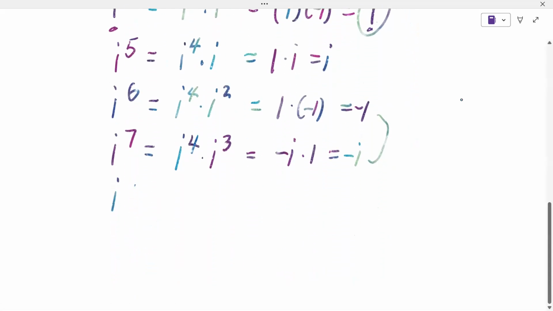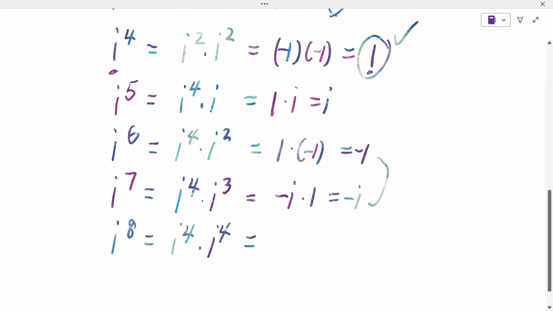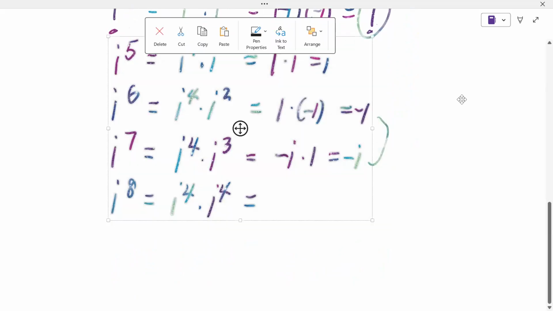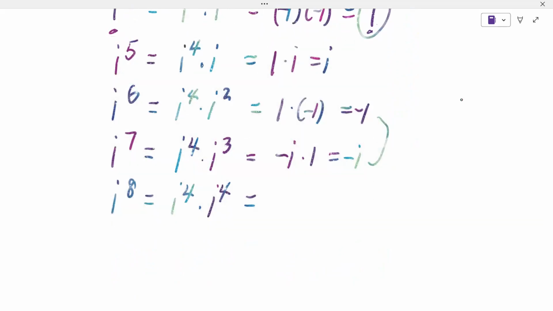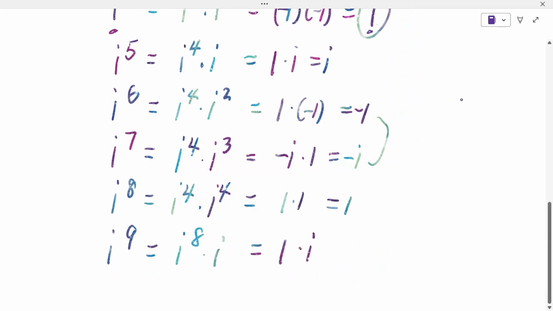If you keep going, i to the 8th will be i to the 4th times i to the 4th. Naturally, you go back to 1 times 1, that's 1. Then i to the 9th will be i to the 8th times i, which is 1 times i, so it's i.